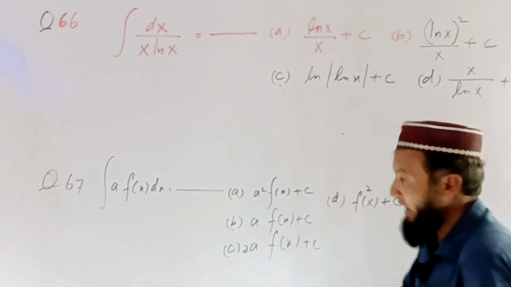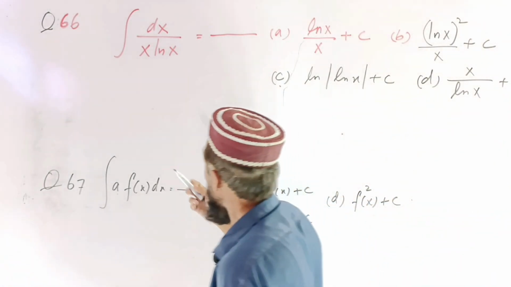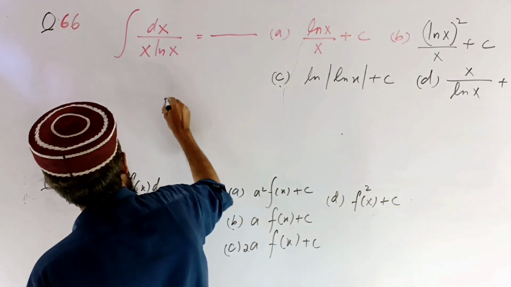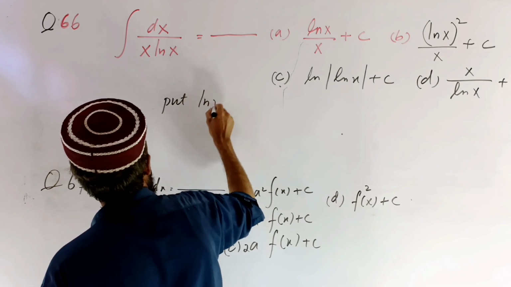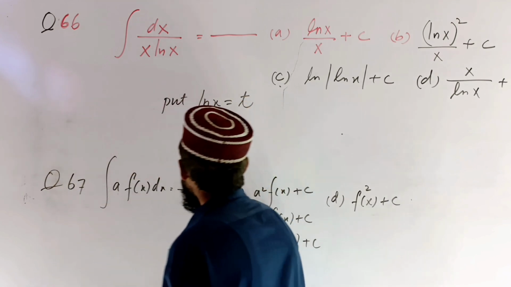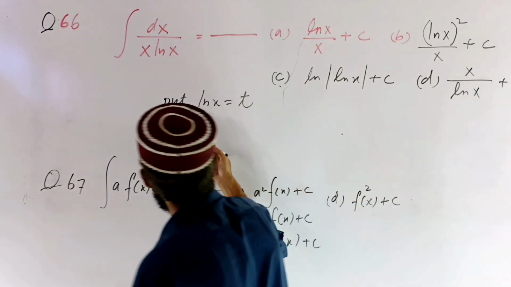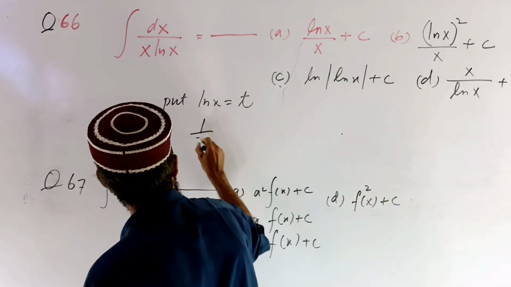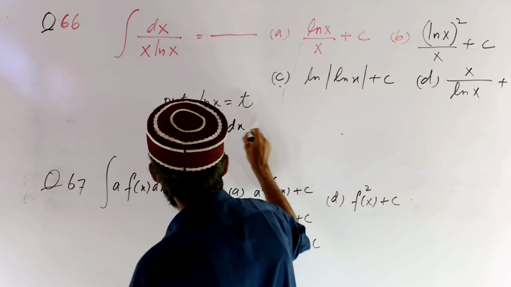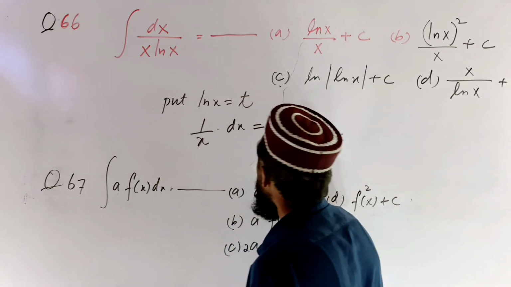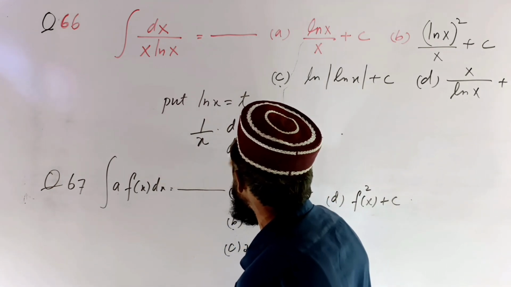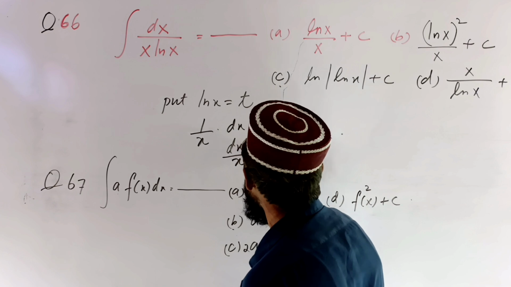The integral of dx divided by x log of x, what is the result? Here we use the substitution method. Look here, if we put log of x is equal to t, then differentiating with respect to x, the derivative of log of x is 1 over x, so dx over x is dt.